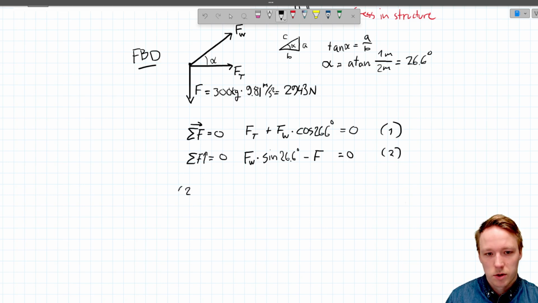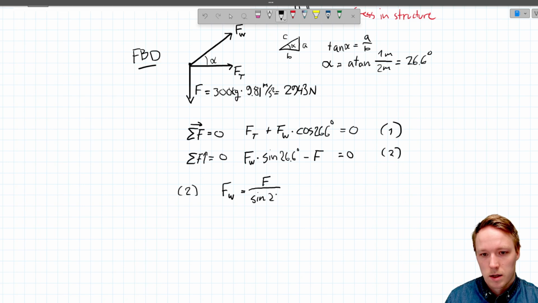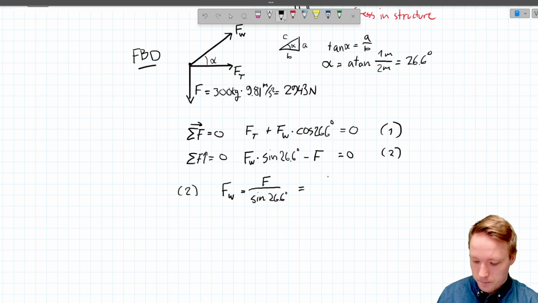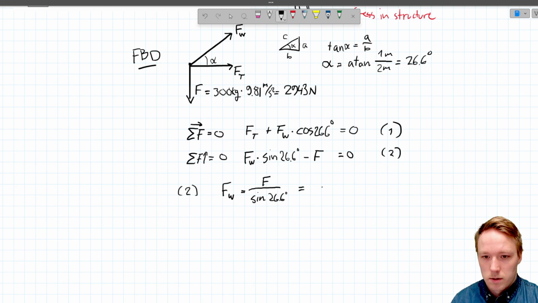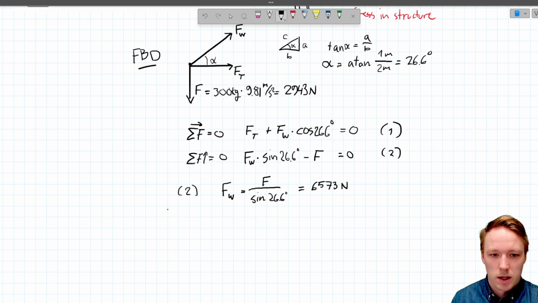I mark here number 2, meaning that from equation 2 I'll solve the Fw, and the Fw solved from that equation is Fw equals to, we move the F to the other side, so F, and then we divide it by sine 26.6 degrees. And the answer will be 6,573 newtons.